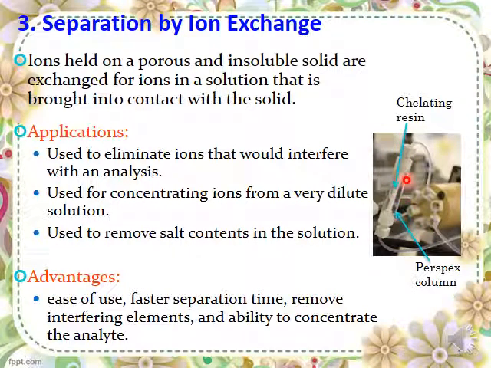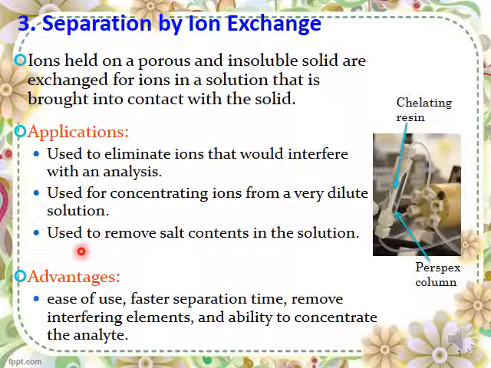For example, we want to collect traces of metallic element in natural water. Again we use a cation exchange column. Once we get the metallic element trapped inside the porous resin here, we can wash it with acid to collect it, and what we get is the concentrated metallic element.